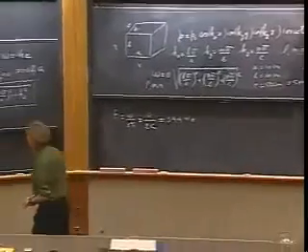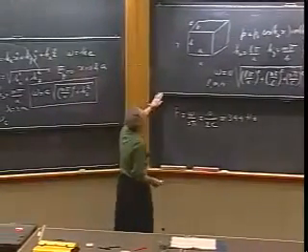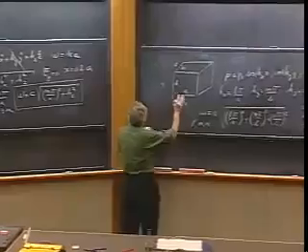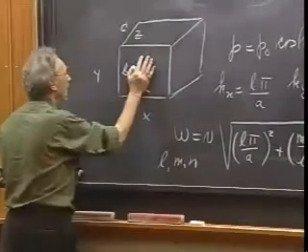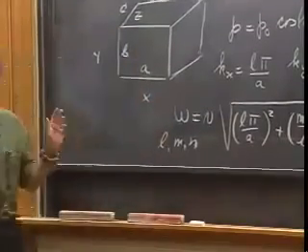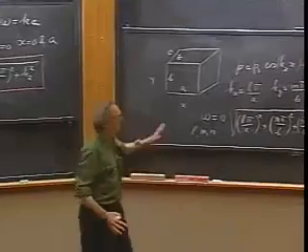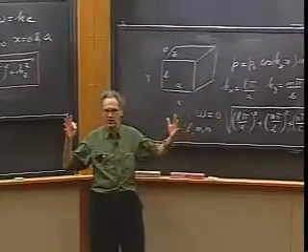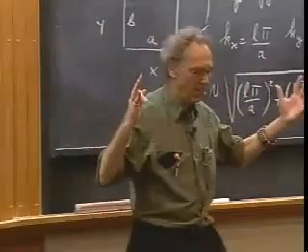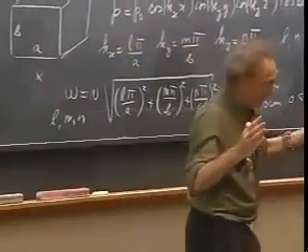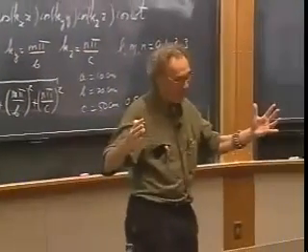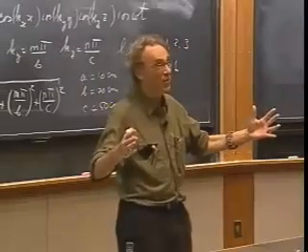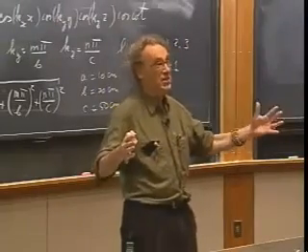Now comes an interesting question. What would happen if I knock out this panel in front and the panel in back? So I knock out both panels in the z direction. So I make it open in the z direction, open at both sides. What happens now? Well, the pressure now can never be an antinode at z equals 0 and at z equals c.